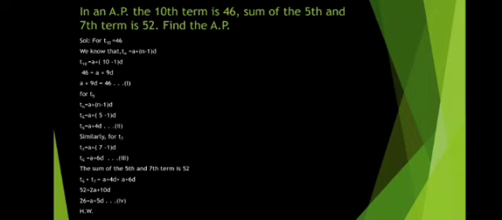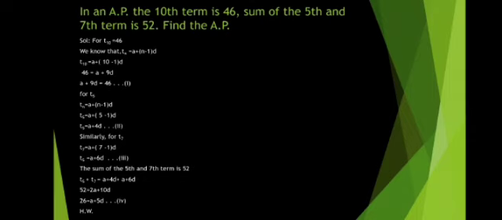Now what is given? The sum of the 5th and 7th term is 52. That means if we add the 5th term and the 7th term, the answer is 52. So T5 plus T7 is equal to: the value of T5 is a plus 4d, and the value of T7 is a plus 6d. So a plus 4d plus a plus 6d.